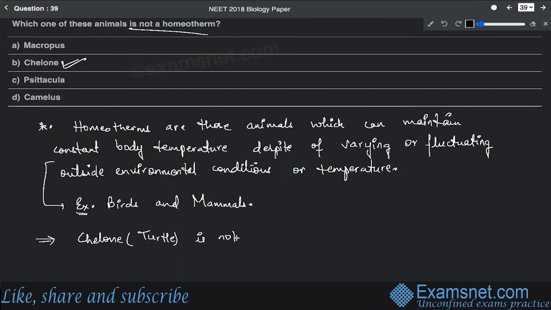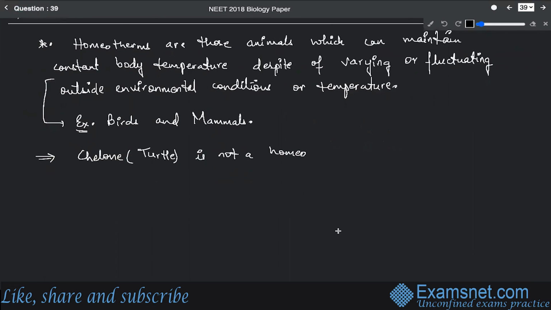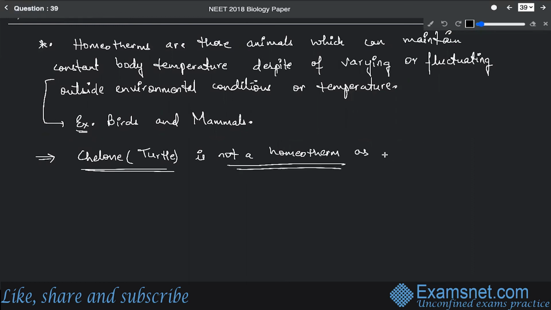is not a homeotherm as it belongs to Reptilia, and so it is poikilotherm.